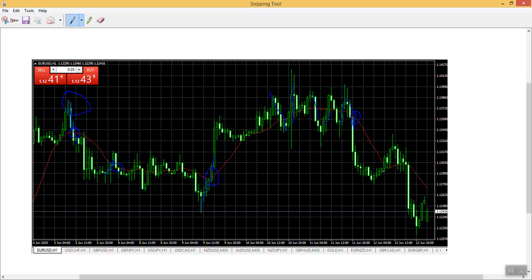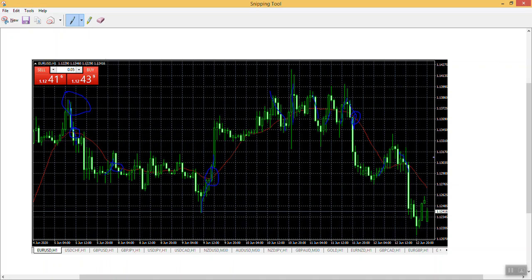Now here it went from below to above the red line, we buy. So here it crossed from above to below the red line, we sell. Now at this point, this is the current candle, we're going to be waiting until it crosses this line. So when it crosses above it, then we buy. That's what this indicator is saying.